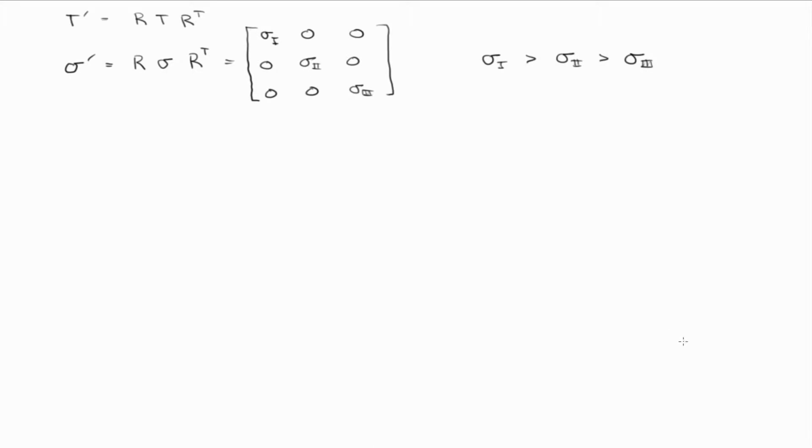So I can do what's sometimes called a spectral decomposition. That's if I have a matrix Q that consists of the eigenvectors of sigma, then the spectral decomposition looks like this.